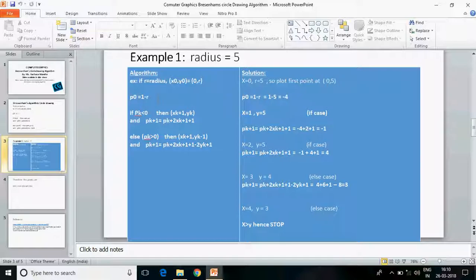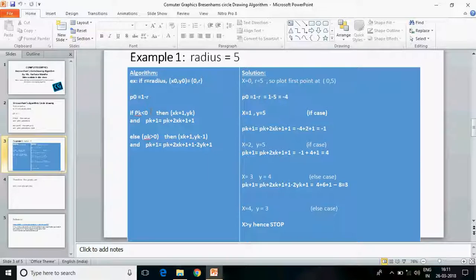Then, because this is based on Bresenham's, we calculate the decision parameter. Here p0 equal to 1 minus r is the decision parameter, r is the radius. Therefore, the decision parameter equals 1 minus 5, which is equal to minus 4. Once we calculate the decision parameter, we have two options.